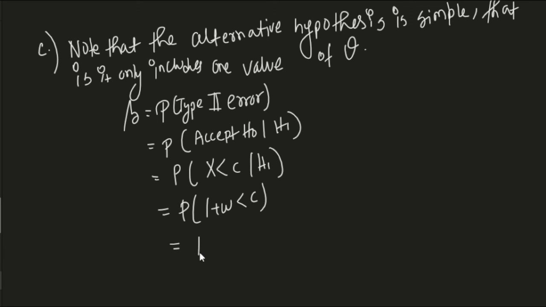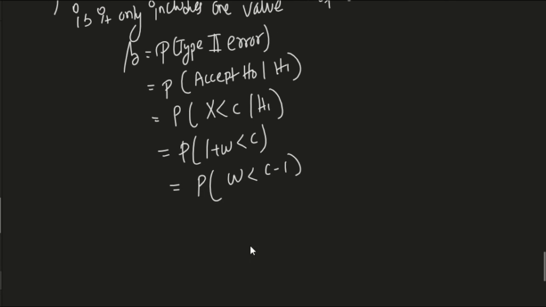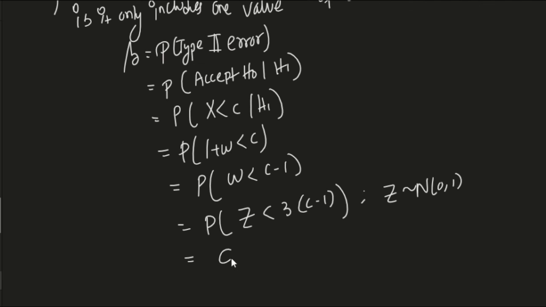Now this means the probability of W less than c minus 1, and we can write this as Z less than 3 into c minus 1, where Z is a standard normal variable, and this amounts again to the CDF phi of 3 times c minus 1.